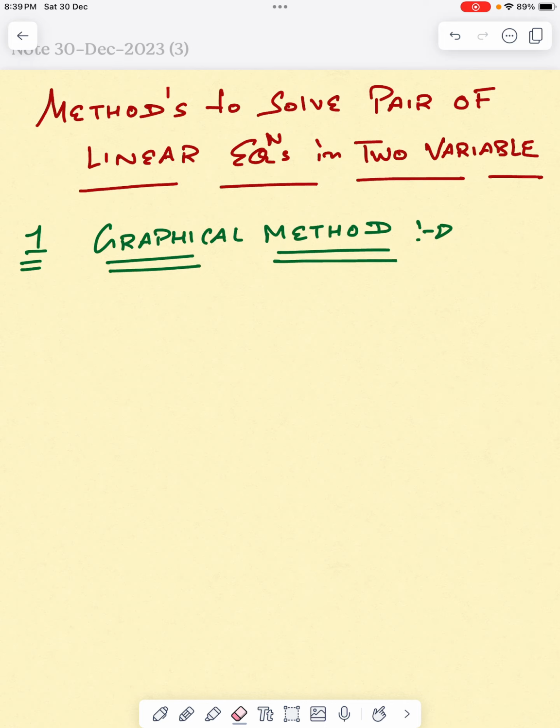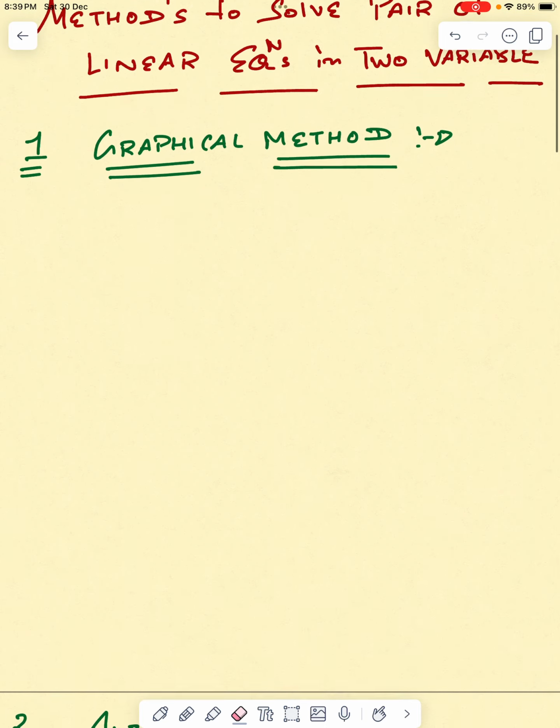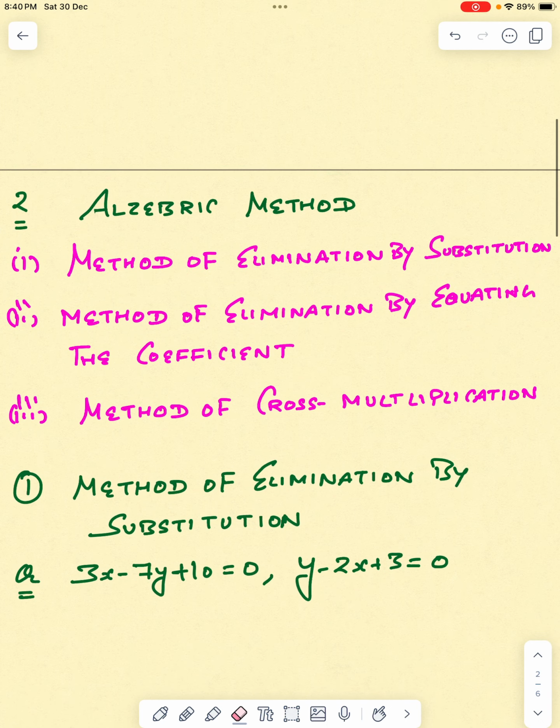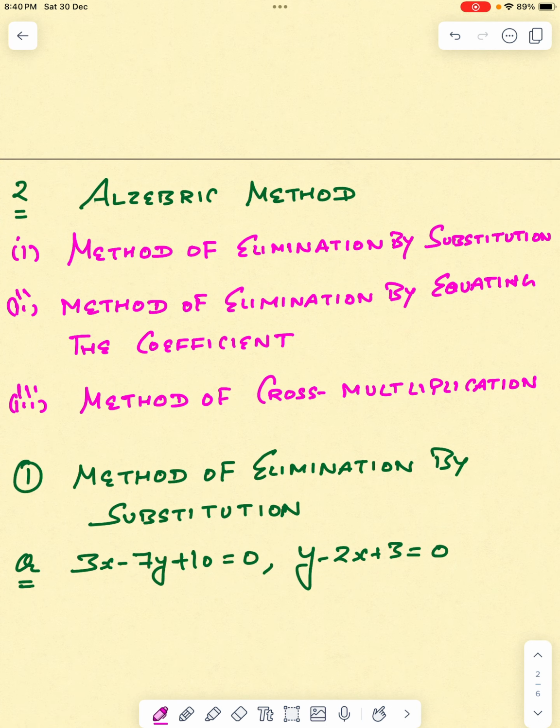Now the second method, that is the algebraic method. In the algebraic method there are three further types of method through which you can solve your pair of linear equations. The first is the method of elimination by substitution.